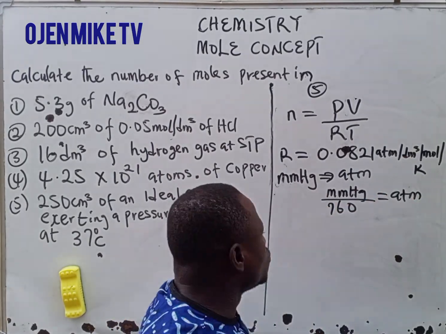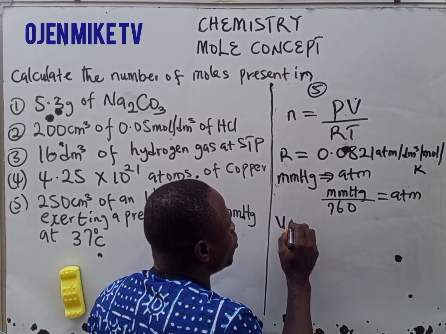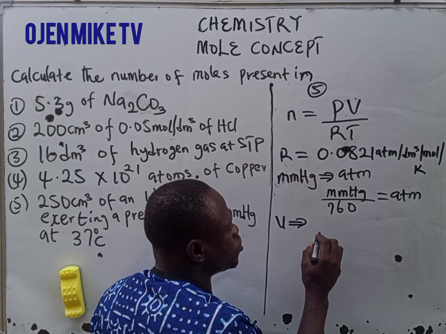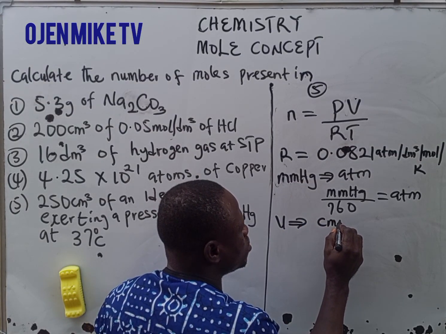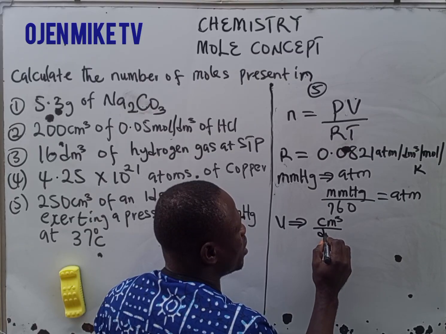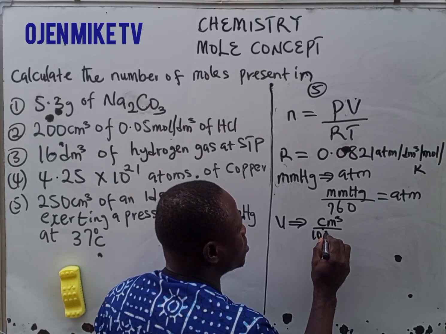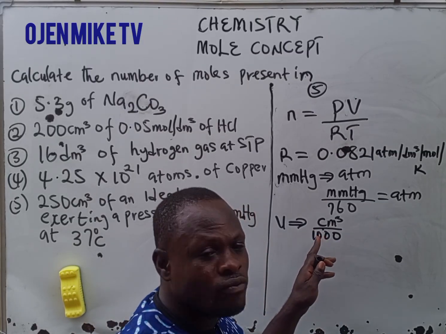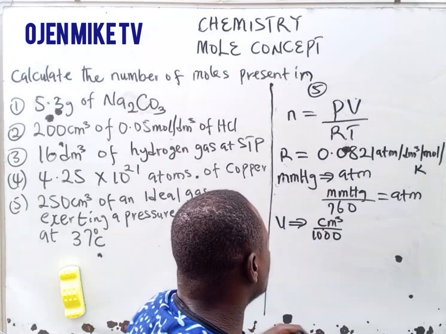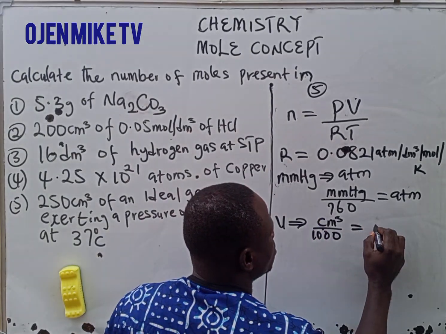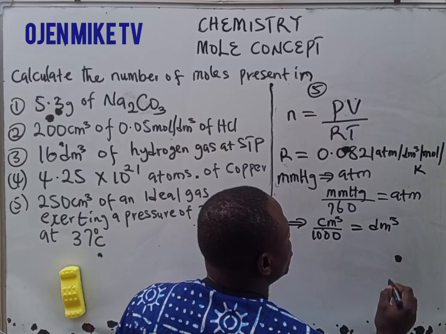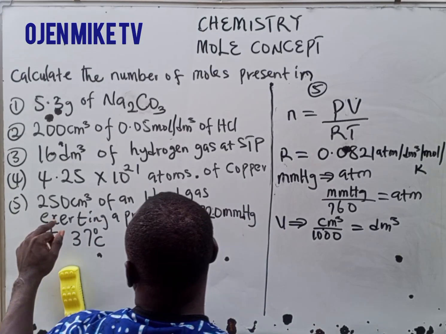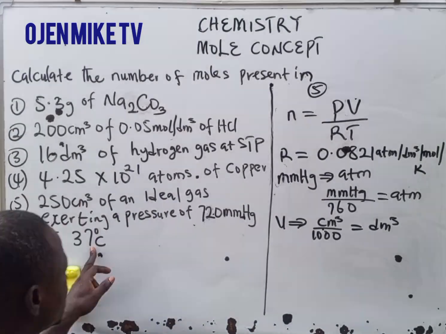Now volume. To convert it to dm cubed, take the cm cubed divided by 1000. That's how to convert your volume to dm cubed. Temperature: here the temperature is given in degrees Celsius.